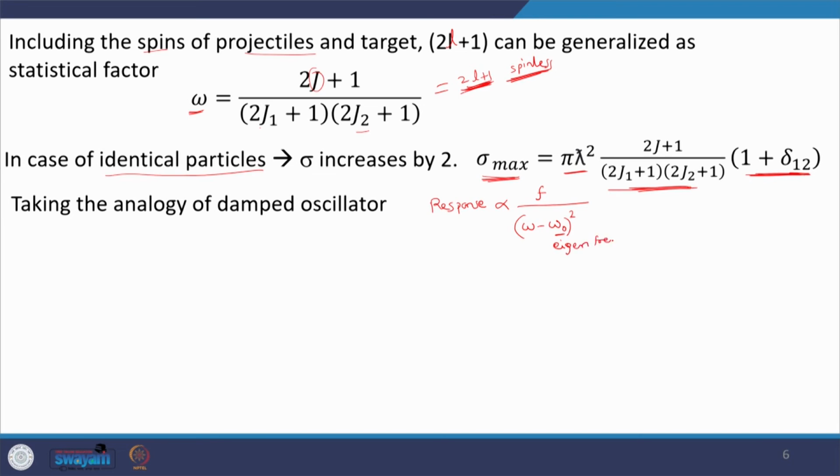You might have an idea about the damped oscillator, and the damping factor delta. So this is how we represent the response of a damped oscillator when external force is involved. Only for certain values the response is maximum, and that is characterized by omega naught, the eigen frequency.